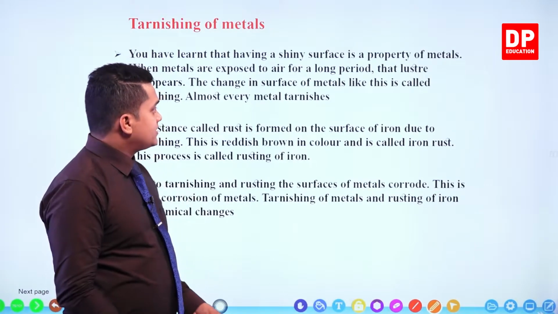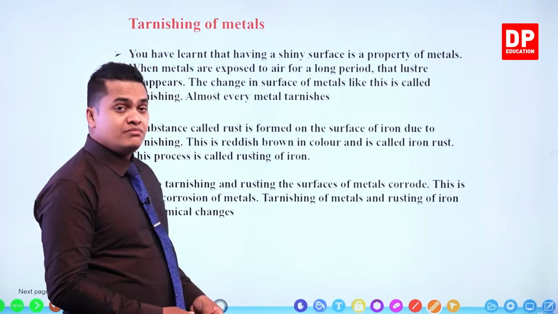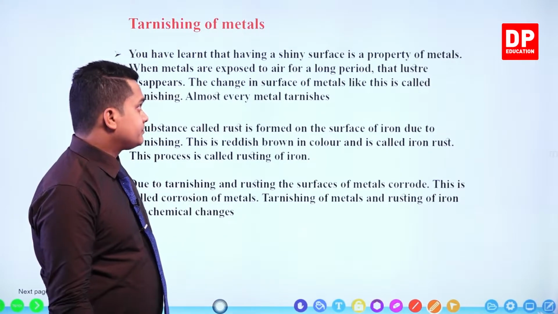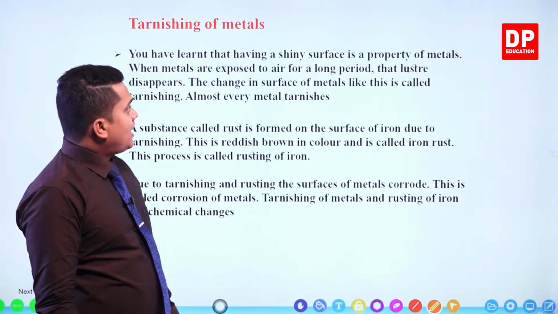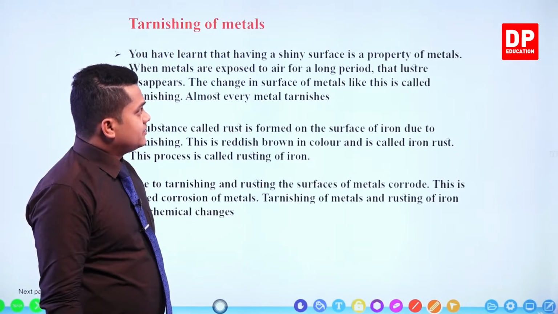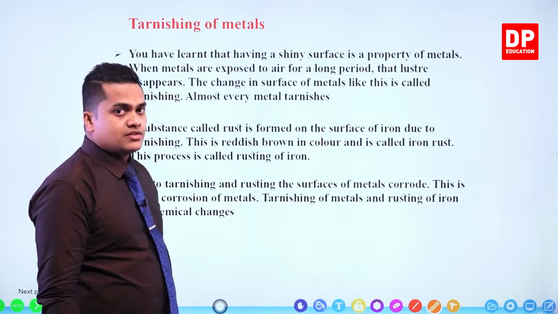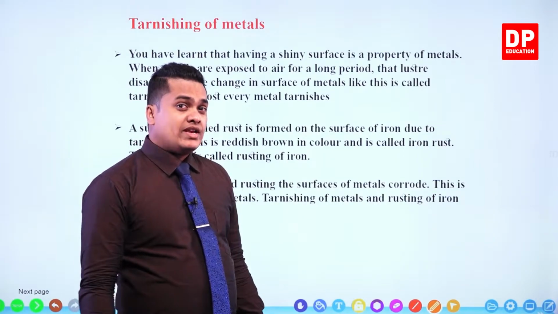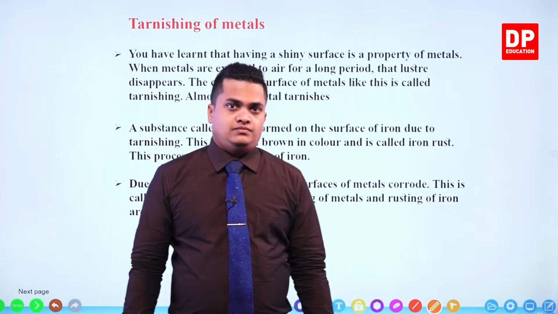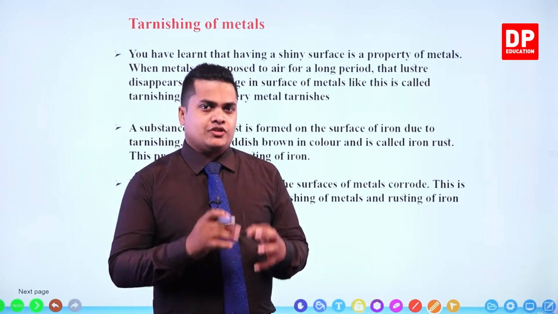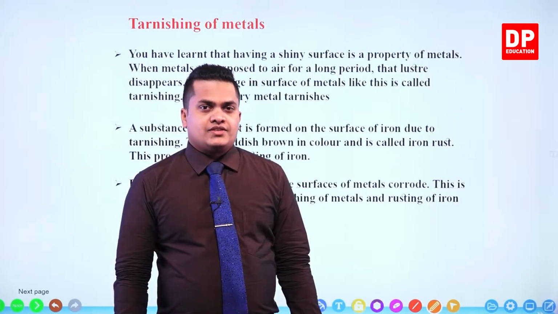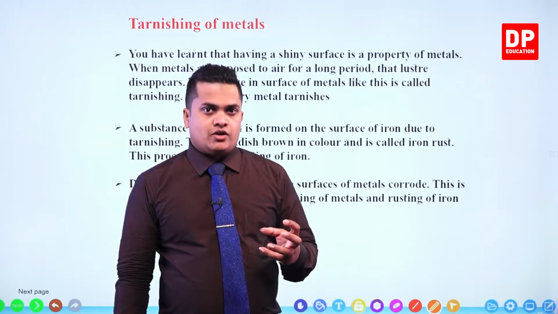So let's see what this tarnishing means, right? You have learned that having a shiny surface is a property of metals. This is also called the metallic luster. Each and every metal has a unique lustrous nature. If you take the surface, it's going to shine out.